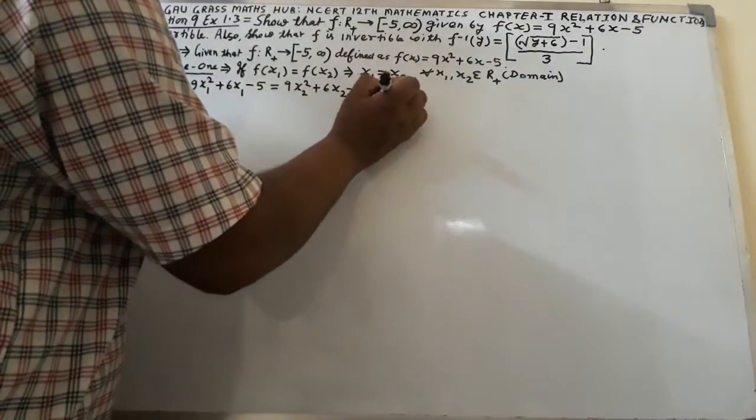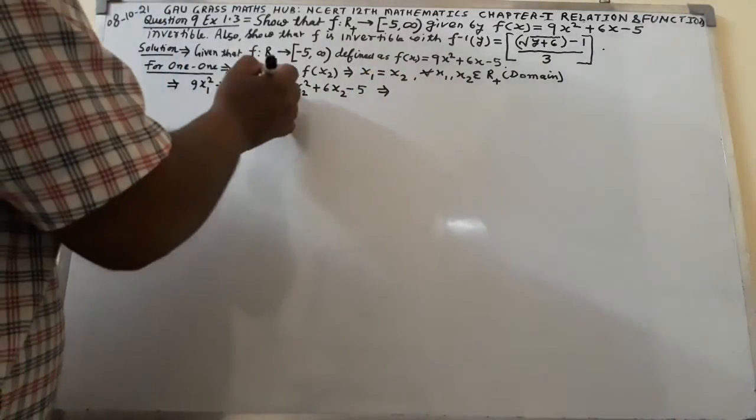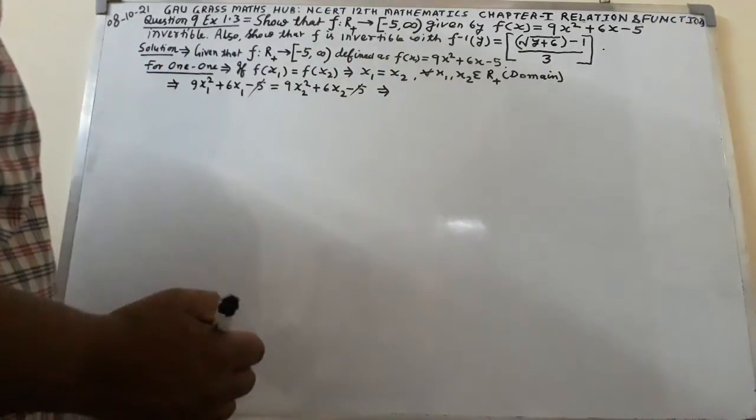We will get here, implied that minus 5 will be cancelled out.